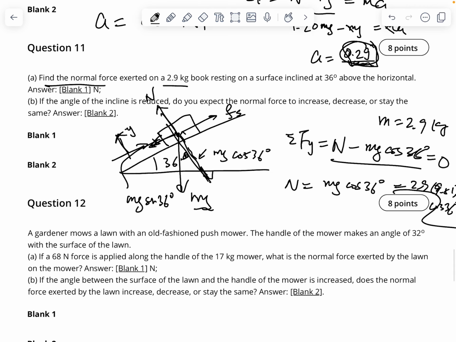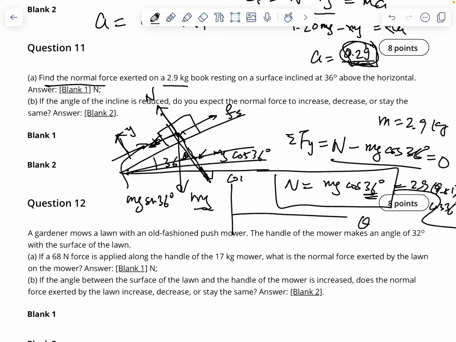And second, if the angle of the incline is reduced, smaller, right? Do you expect the normal force to increase, decrease, or stay the same? Okay, so normal force, this is the equation, right? So the angle became smaller, so cosine of the angle increases.